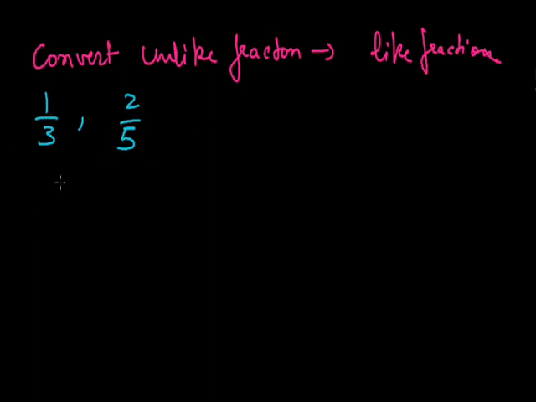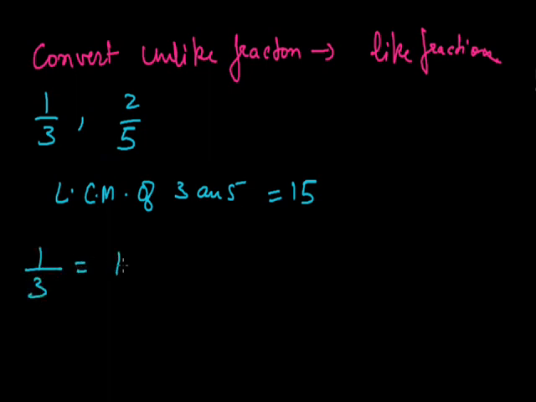So I will find the LCM of 3 and 5, which is equal to 15. Now I have to convert 3 into 15 and 5 also into 15. To convert 3 into 15, I will multiply both numerator and denominator by 5. So I will get 5 by 15.